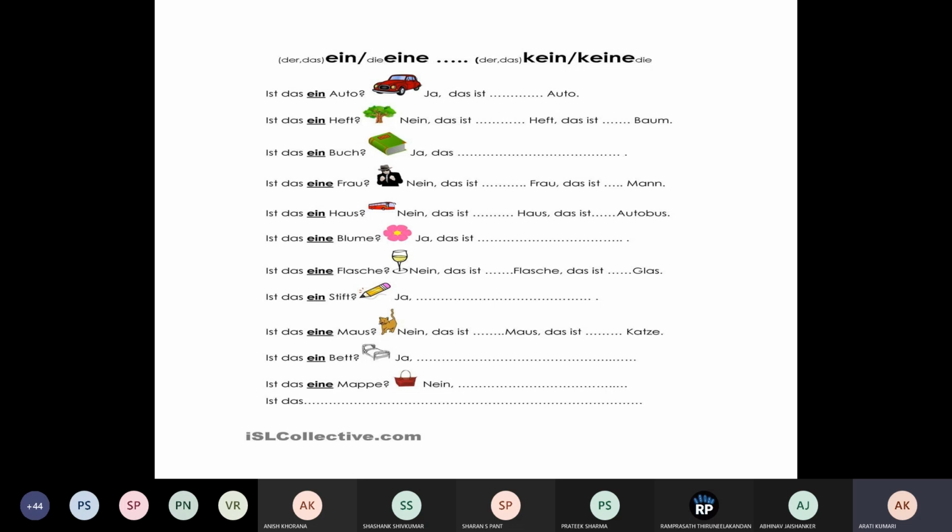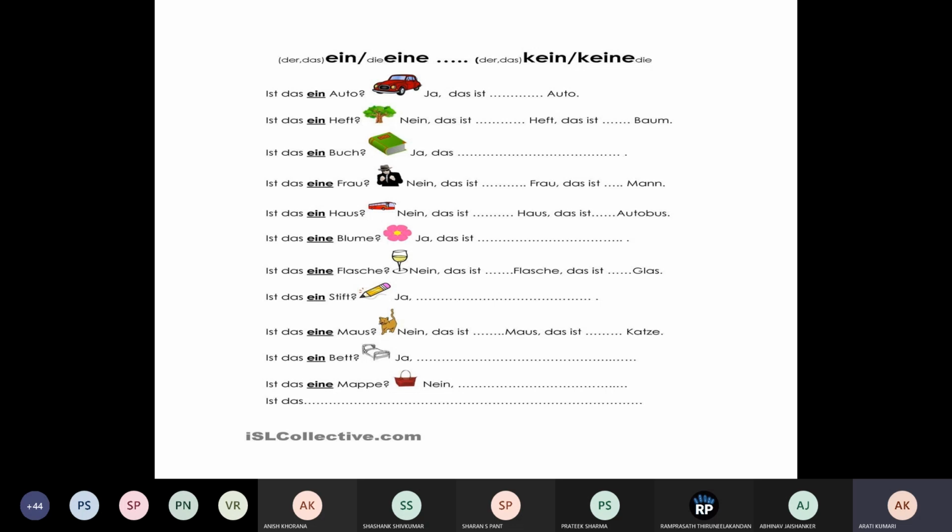Like if you have der and das, for both of them, indefinite article is ein. For die, indefinite article is einer. Other side, for der and das, indefinite article negative is kein. So in case you have doubt. And for feminine, which is die, indefinite article is keine.